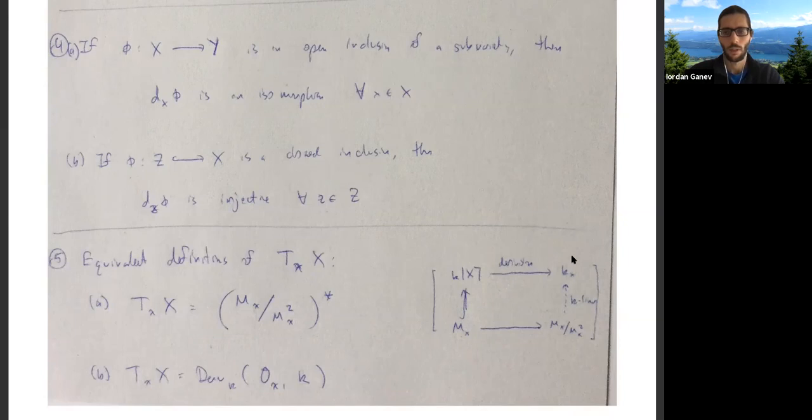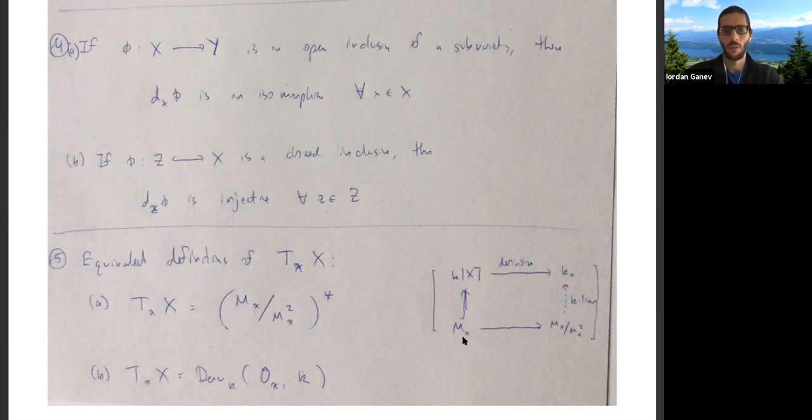If you have a derivation from k[x] to k_x, the fiber, then we can restrict that derivation to this ideal. And this is not a linear map, sorry, it's not an algebra homomorphism, so the restriction is not necessarily zero.